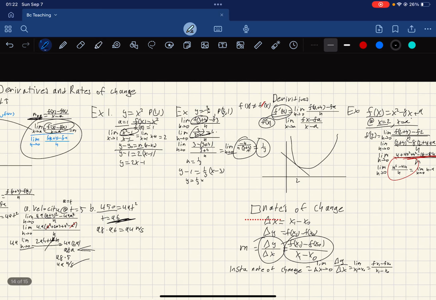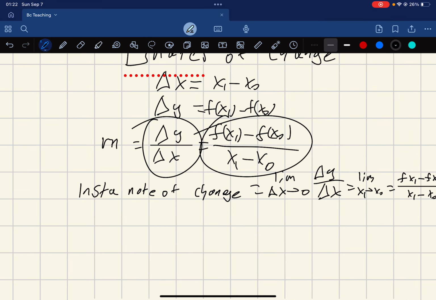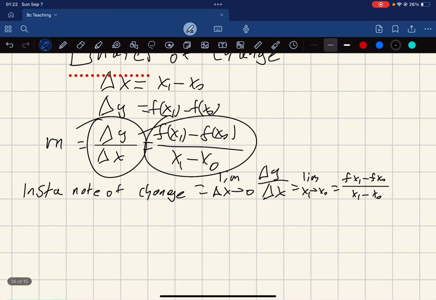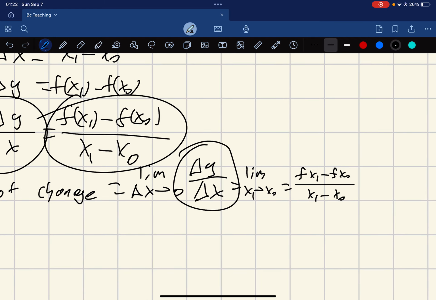And our instantaneous rate of change is the limit as delta x approaches 0 of your difference quotient, or the limit as x1 approaches x naught of that.